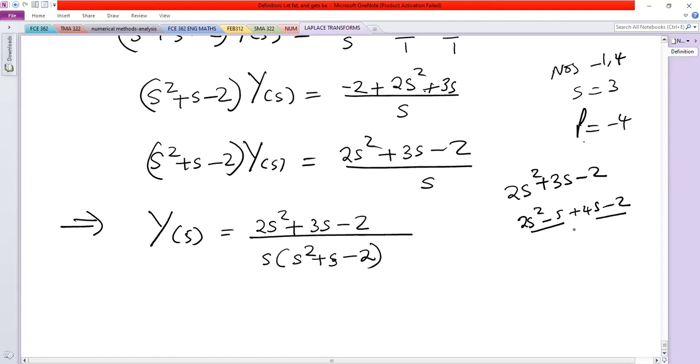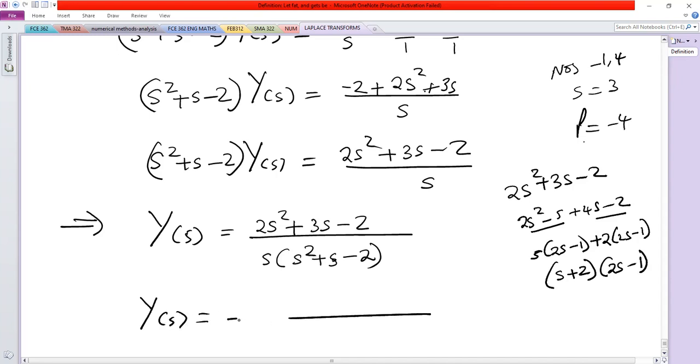When we pair this, it will be s times 2s minus 1 plus 2 times 2s minus 1. So this will be s plus 2 times 2s minus 1. So we can write capital Y of s equals s plus 2 times 2s minus 1.